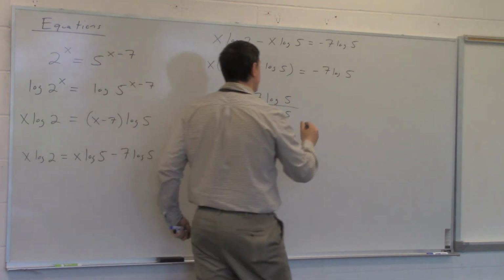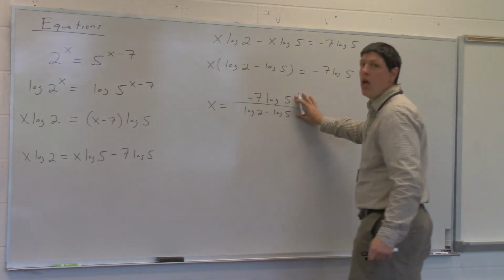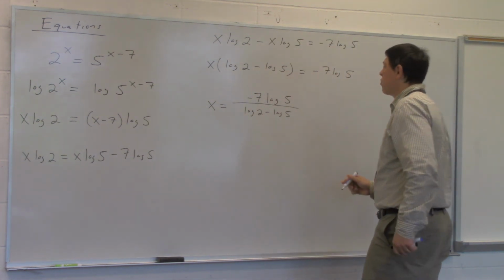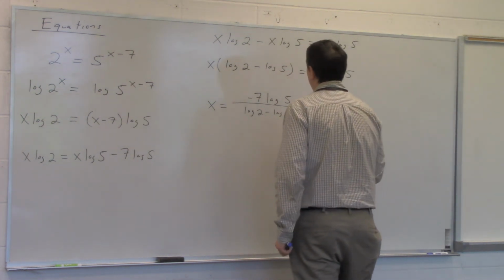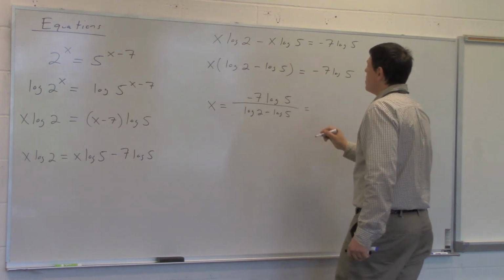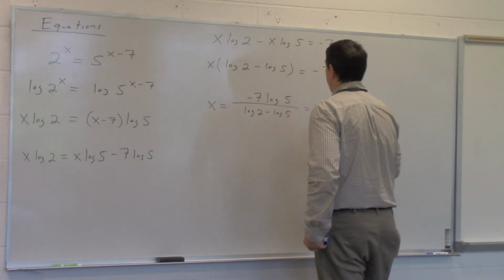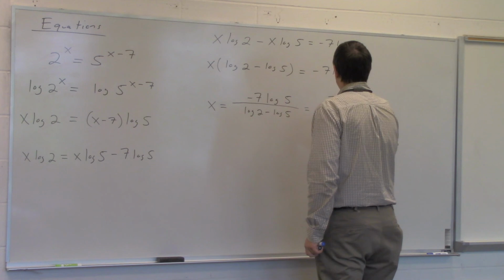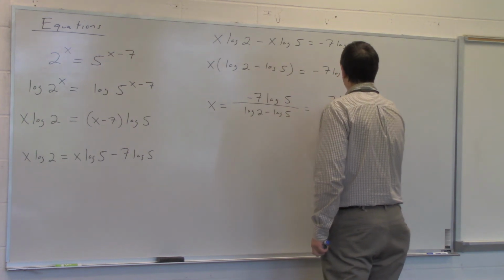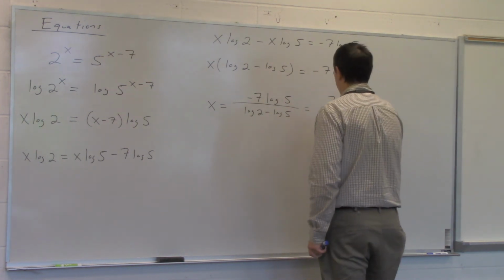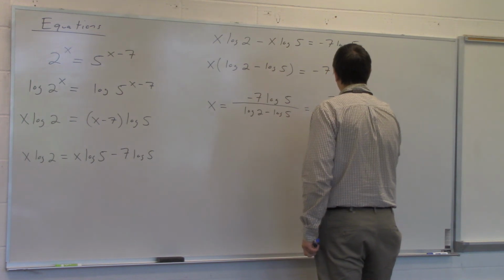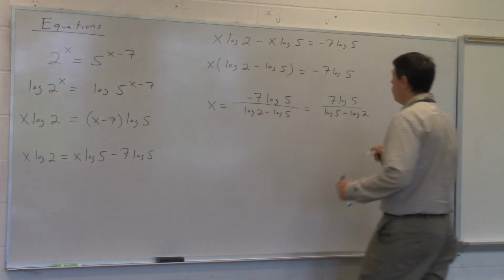So another way to write this, and if you get to here, that's fine, but I just want to make sure that you can see another simplified version. If you multiply the top and the bottom by negative 1, it just flips all the signs around. So I would get positive 7 log 5 divided by log 5 minus log 2.